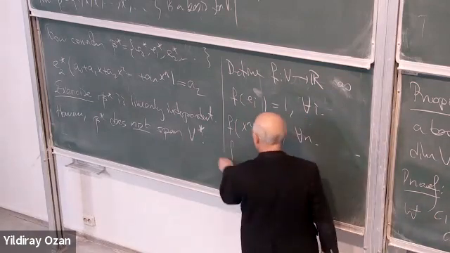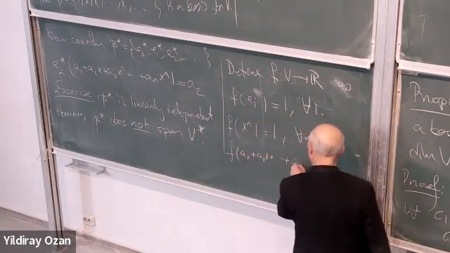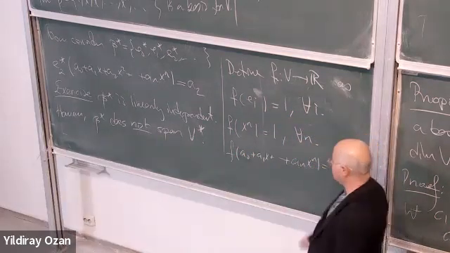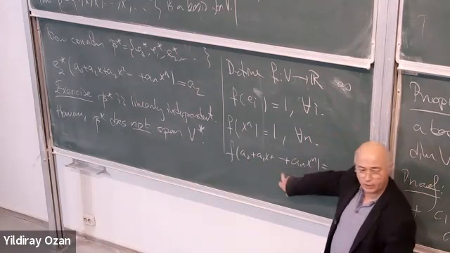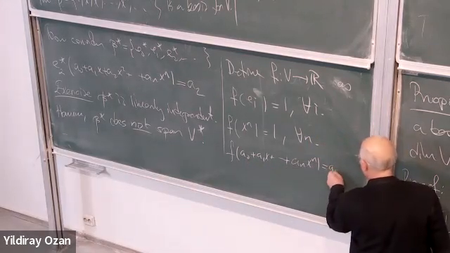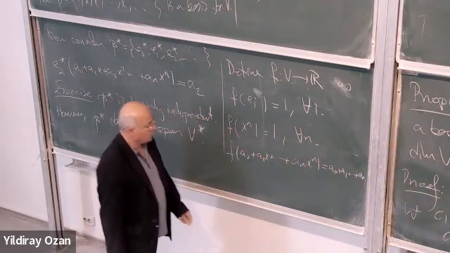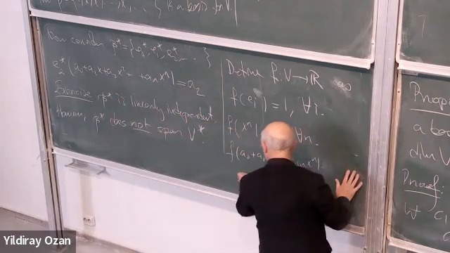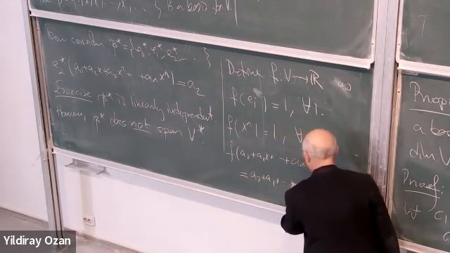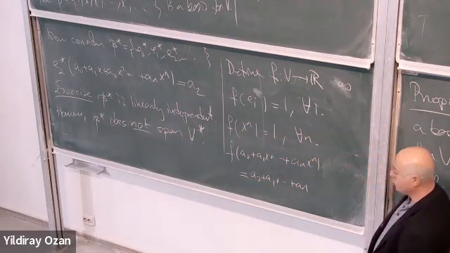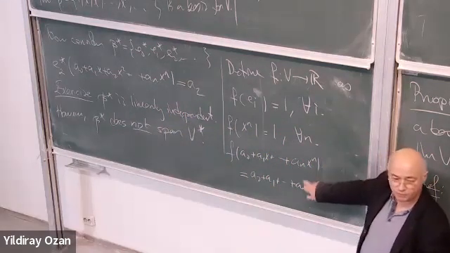So what is the value of this on this element? This will be mapped to a0, this will be mapped to a1, a2, and so on. So this is just a0 up to a1 up to an. Right? Just the sum of all the coefficients. This is just the value of the polynomial function f at 1, right?